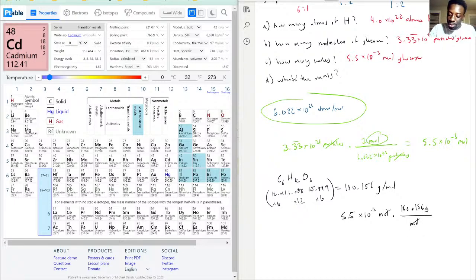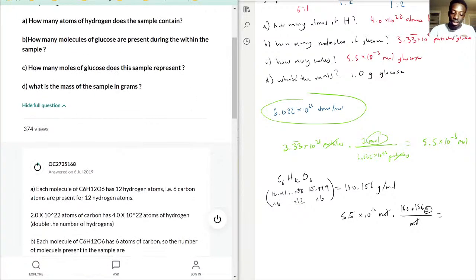So you see here, the moles indeed do cancel out, leaving you with just grams. So the answer here, since I did the calculation beforehand, is funny enough around 1.0 grams of glucose. Coincidence? Who knows? And that right there should be our answers for each part.